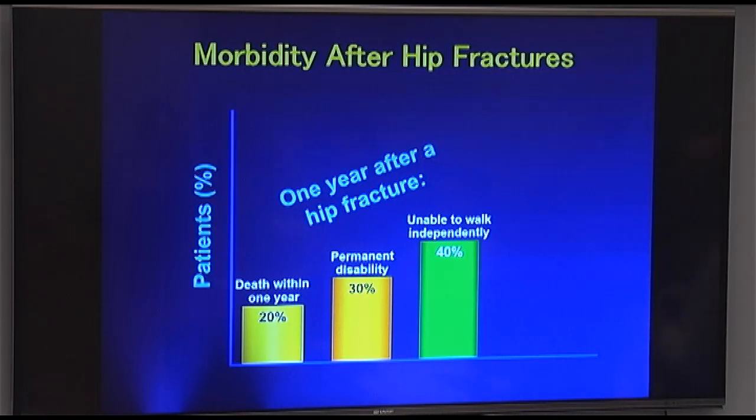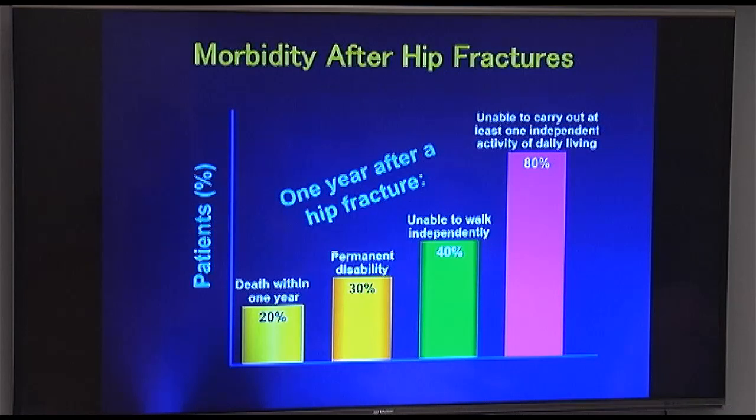So we're talking about vertebral and non-vertebral fractures. And we're discussing the hip fracture and how the events after the hip fracture are related to mortality and morbidity. 80% of individuals who have had a hip fracture are unable to carry out at least one independent activity of daily living.